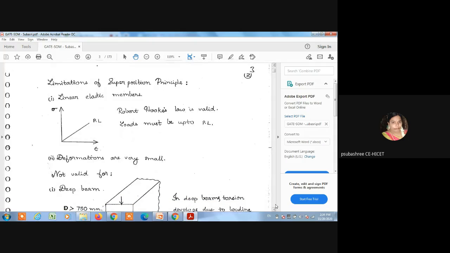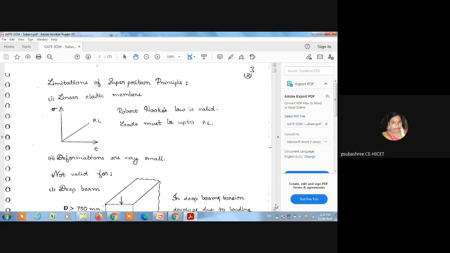Then the limitations of the superposition principle. These topics are the basic concepts of solid mechanics, just as a reminder. The first one is linear elastic members. It obeys Hooke's law.